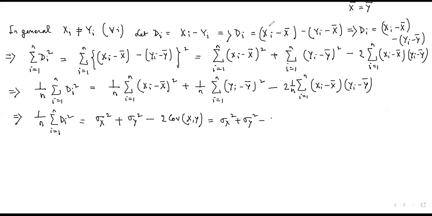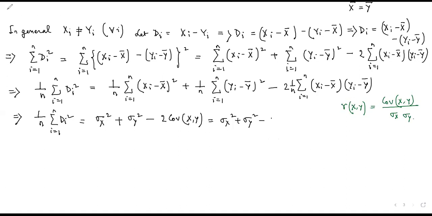Rather, what we can do is one thing. We know from our previous knowledge that the correlation coefficient rxy is given by the formula covariance of xy by sigma x into sigma y. So we can express covariance of xy in terms of the correlation coefficient.